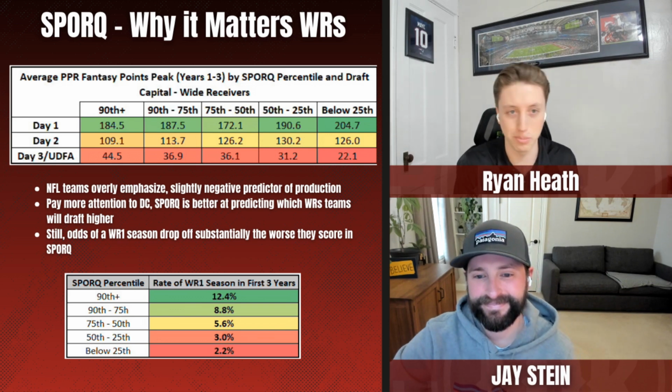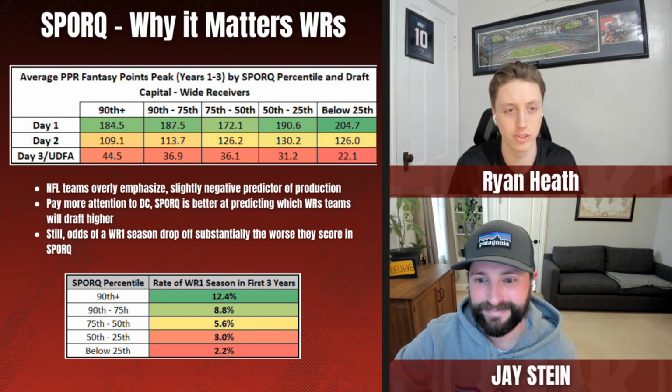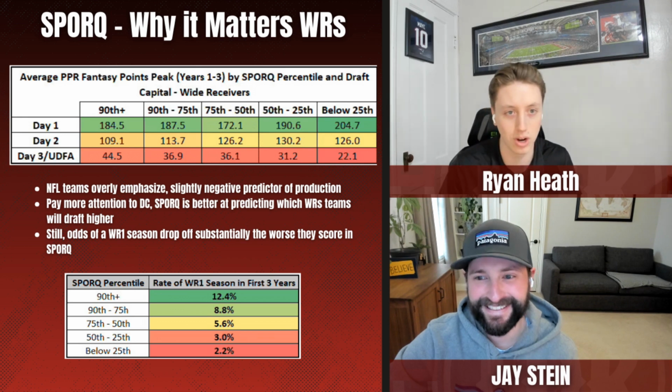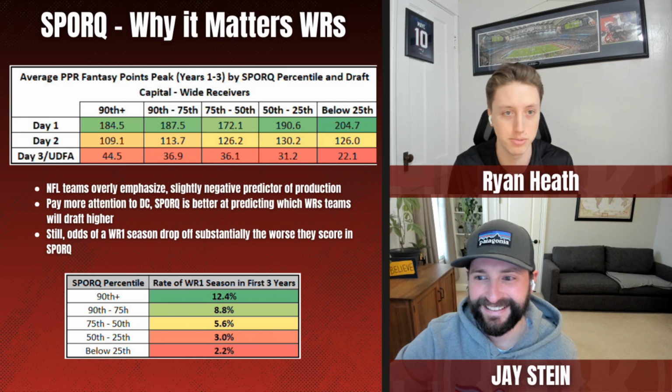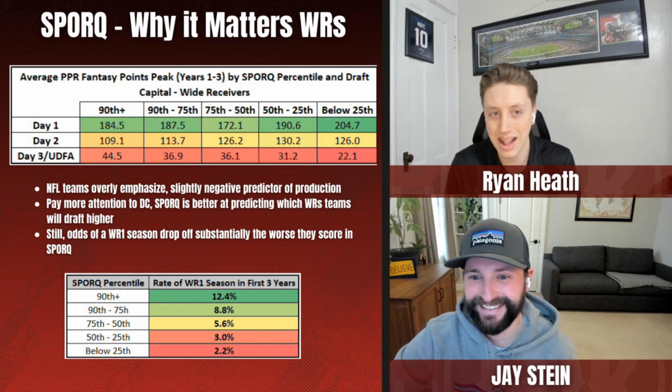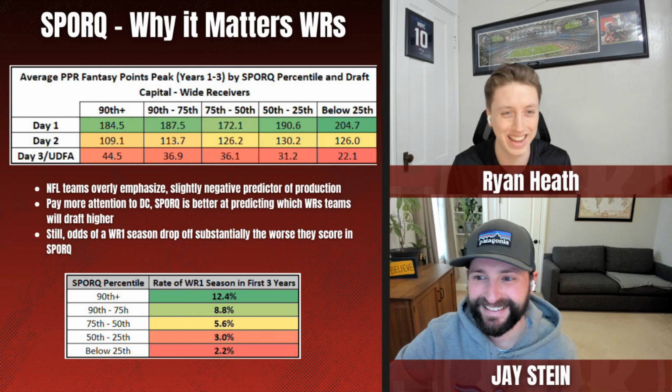But once we break down by draft capital, it's pretty clear that NFL teams are more than taking all of the edge out of evaluating athleticism for us. So with that in mind, I just don't care that Matthew Golden ran really fast and that he's going to go in the first round. That's why he's going in the first round. I don't need to double count those things within my own process.